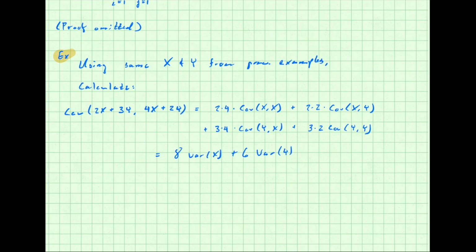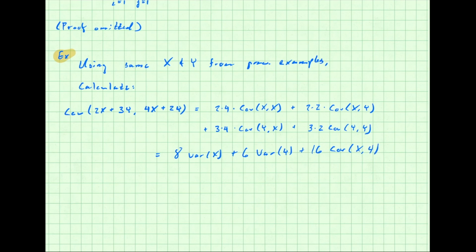And then there's two different terms that are the same. The covariance of y and x is the same as the covariance of x and y. So I've got 4 plus 12. Okay.